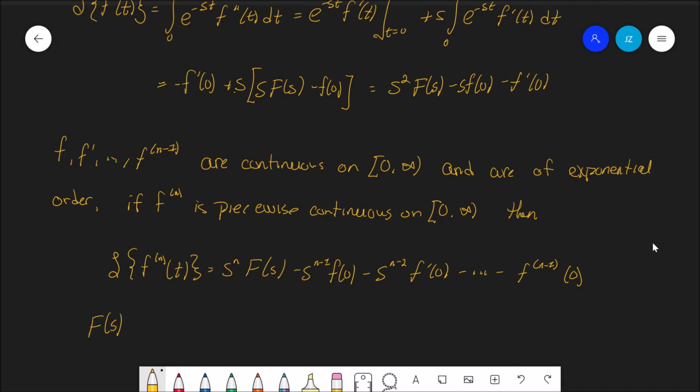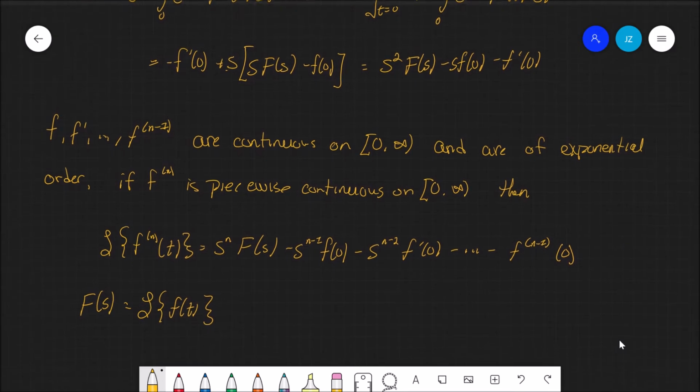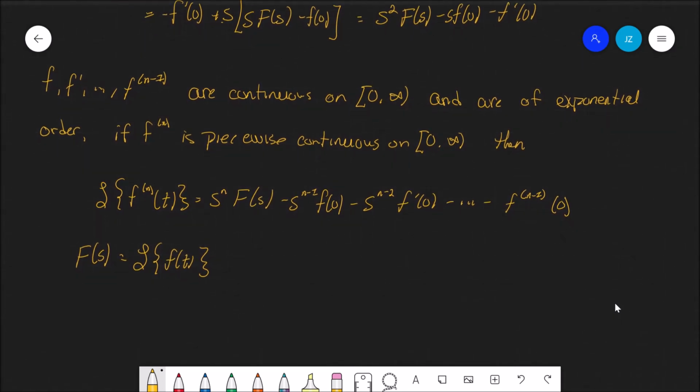Remember, big F of s is the Laplace transform of f of t. This is important because this is going to allow us to use the Laplace transforms to solve initial value problems.